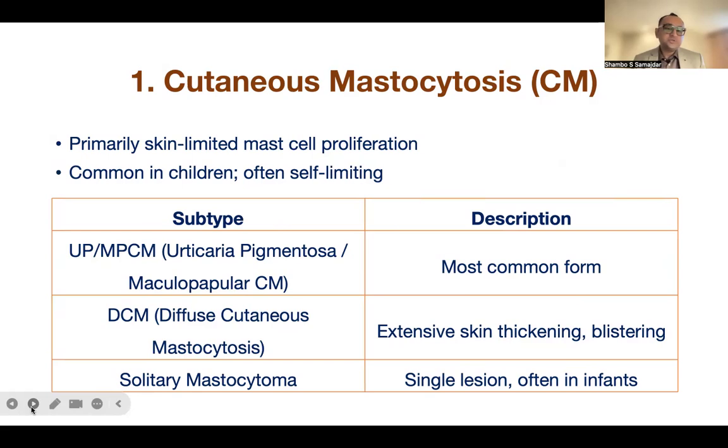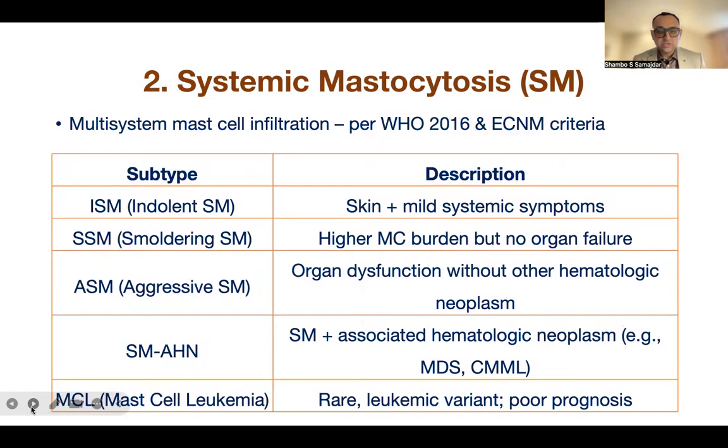Apart from that, it could be diffuse cutaneous mastocytosis, very common in much younger children, in infants. There are blistering and extensive skin thickening. And another subtype is solitary mastocytoma, that is one lesion, and that is also present in infants.